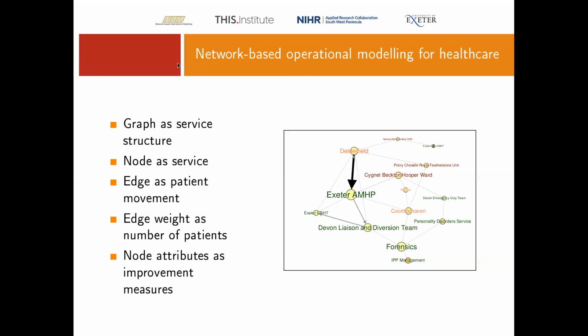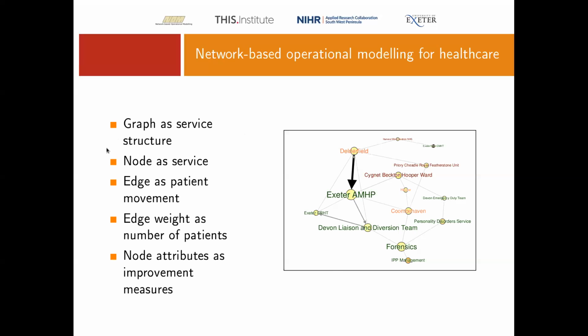In this graph, we're looking at the graph itself as the service structure. This whole thing is the structure of how the different services and teams are working together and how patients are moving between them.